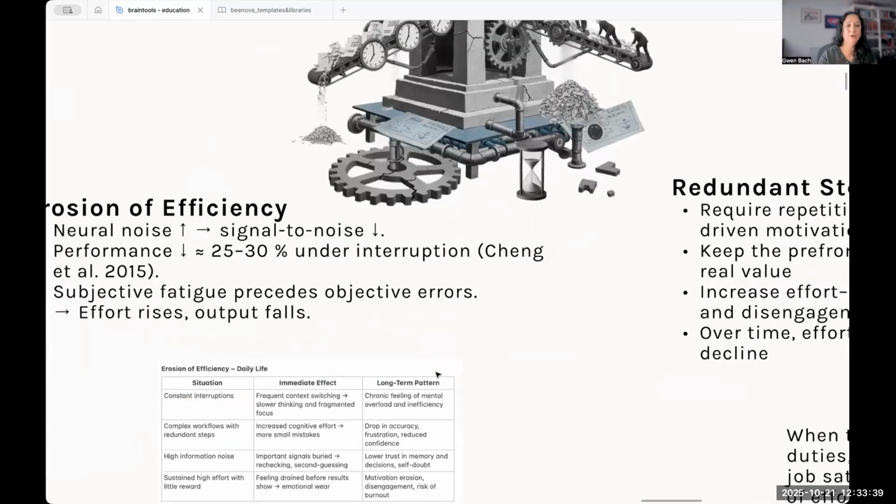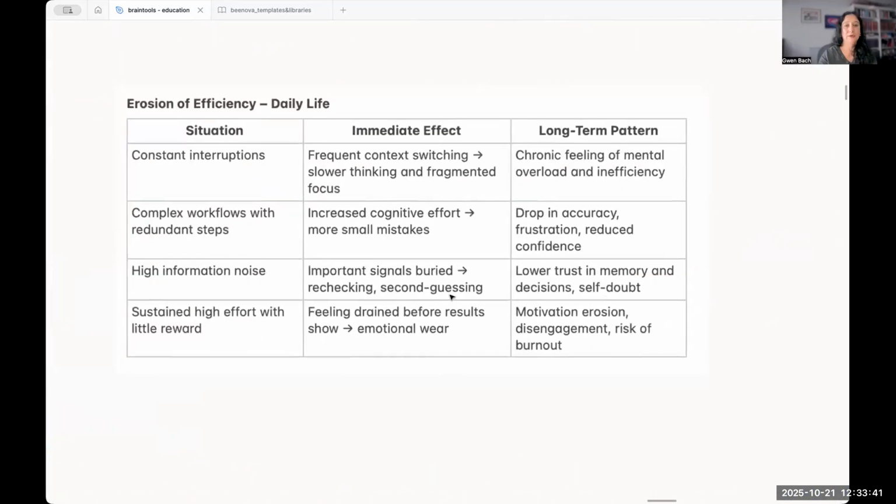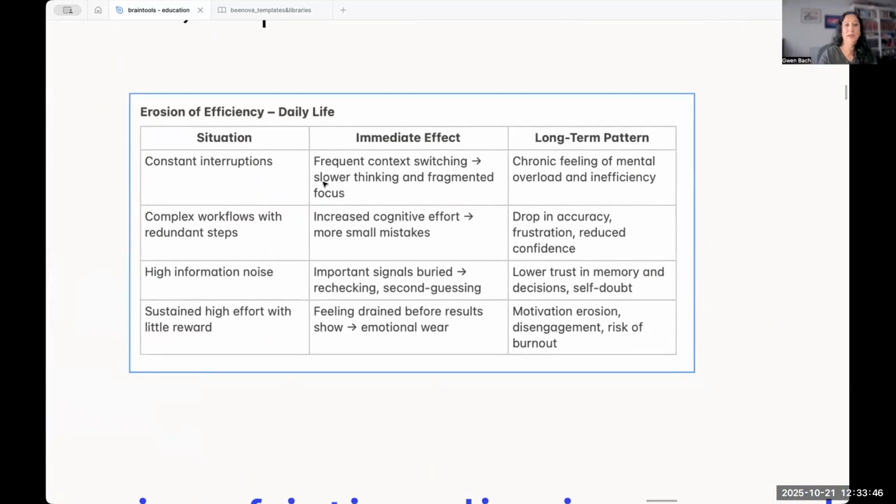And again, how does that play into our daily life? If we have a high frequency of context switching, it slows down our thinking and fragments our focus. Like yesterday, I was working on this presentation and my daughter kept interrupting me. Long-term, this leads to mental overload and inefficiency.